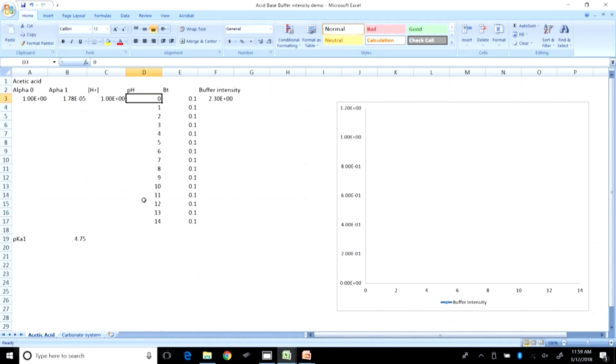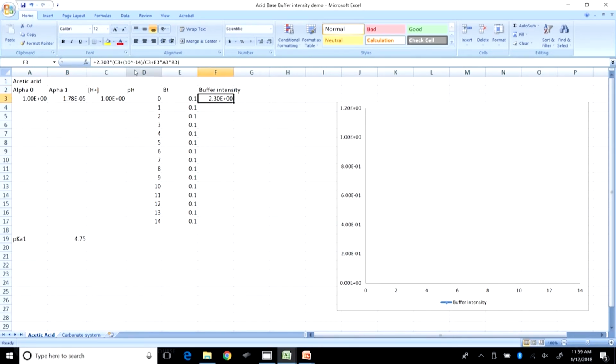So the pH is from 0 to 14, and the total acid or base is obviously going to stay the same. The pKa for acetic acid, what do we know that to be? It is going to be equal to 4.75 or 4.76. I am considering 4.75. So here I have alpha naught, alpha 1, H plus, pH, B total, and buffer intensity.